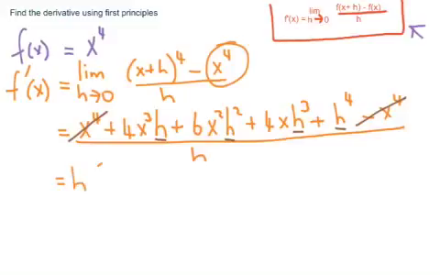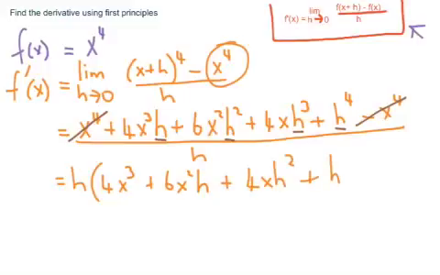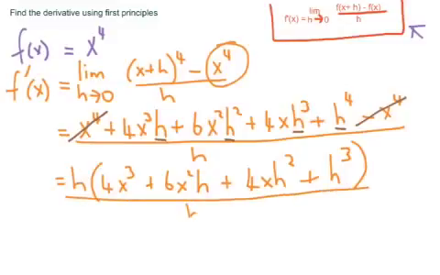So if I bring the h to the front, I have 4x cubed plus 6x squared h plus 4x h squared plus h cubed, all divided by h again, and of course the h's cancel.